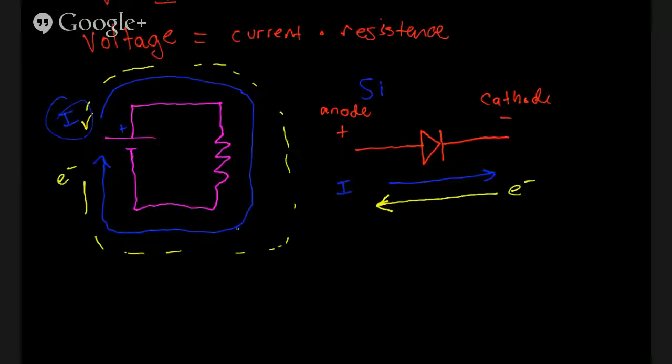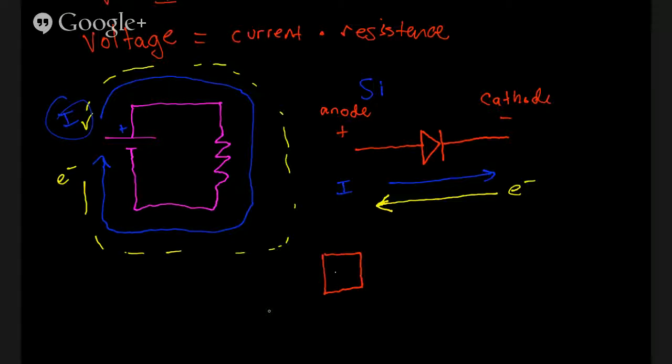All right, and if we get down on a molecular level, a diode is made of two pieces of semiconductor, usually silicon, and we've got two types of silicon we're concerned about.